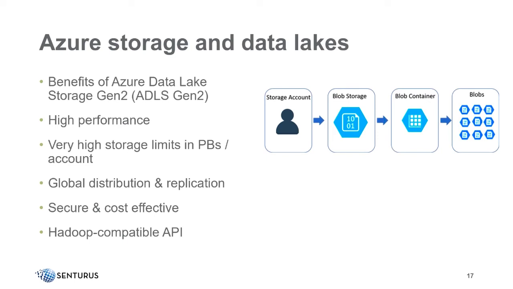But really, all you're doing is storing files in a hierarchical namespace with folders and subfolders, the same way you store files on your C drive, for example, but this is the cloud-sized version of the same idea. And once it's deployed to the cloud, you get very high performance.